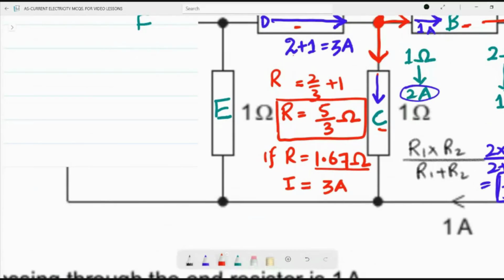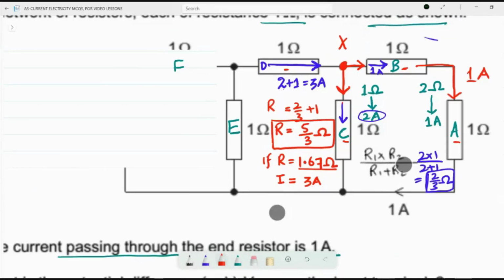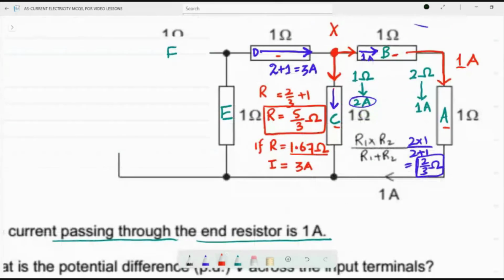So I can say that the overall resistance of whatever is visible to you, that is the resistance of resistors A, B, C, D, E, and F together, equals 1.67 times 1 divided by 1.67 plus 1.